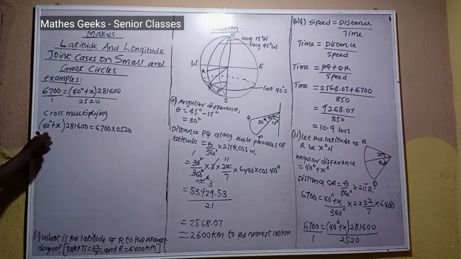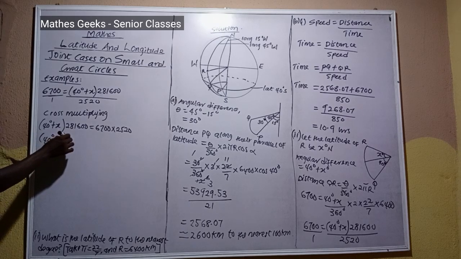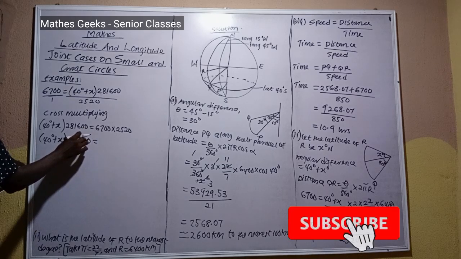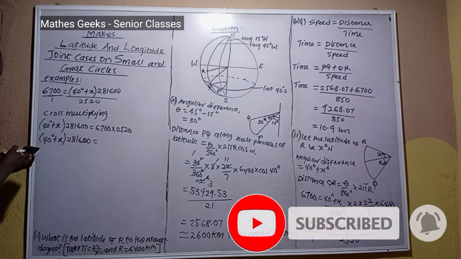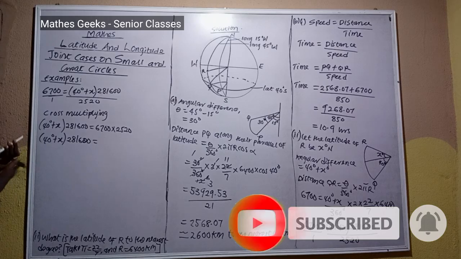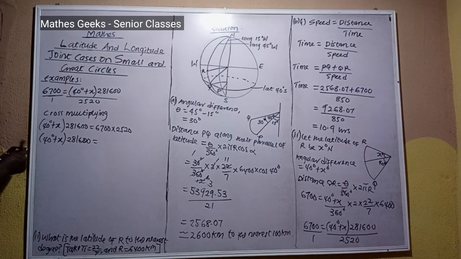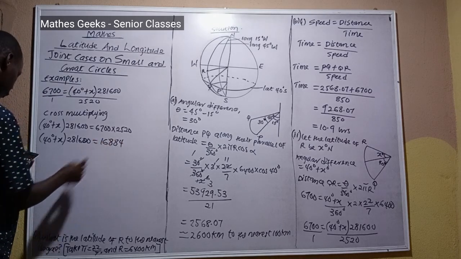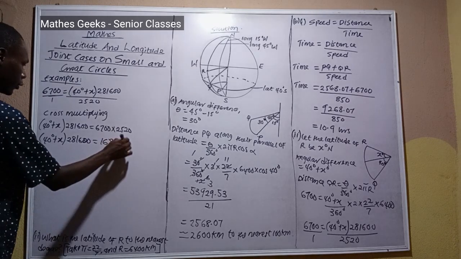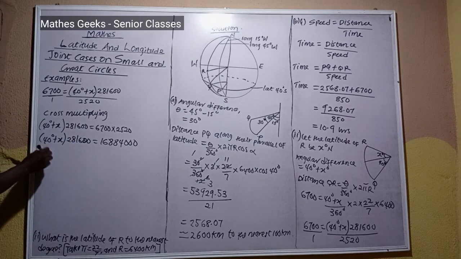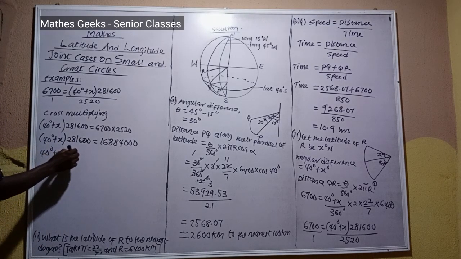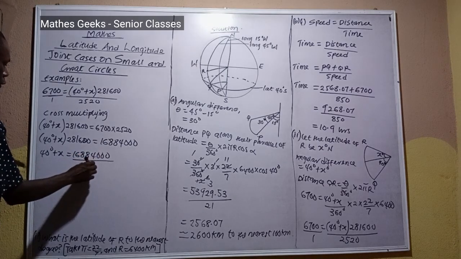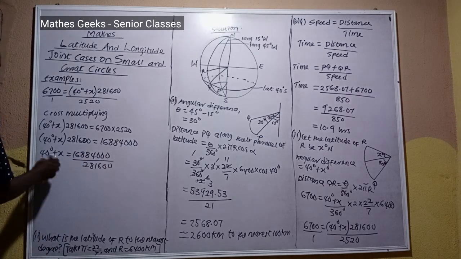So 40 degrees plus x times 281,600 is equal to 6,700 times 2,520, which is 16,884,000. So 40 degrees plus x equals 16,884,000 over 281,600.